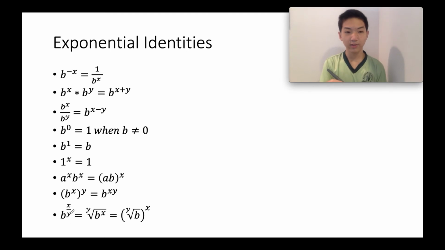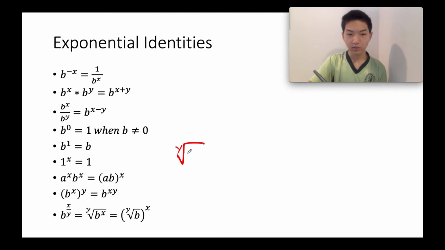So next we have b to the x/y is equal to the yth root of b to the x. In case you didn't know, if you write this, it basically means the yth root. If you don't write it, it's implied that it's the square root.